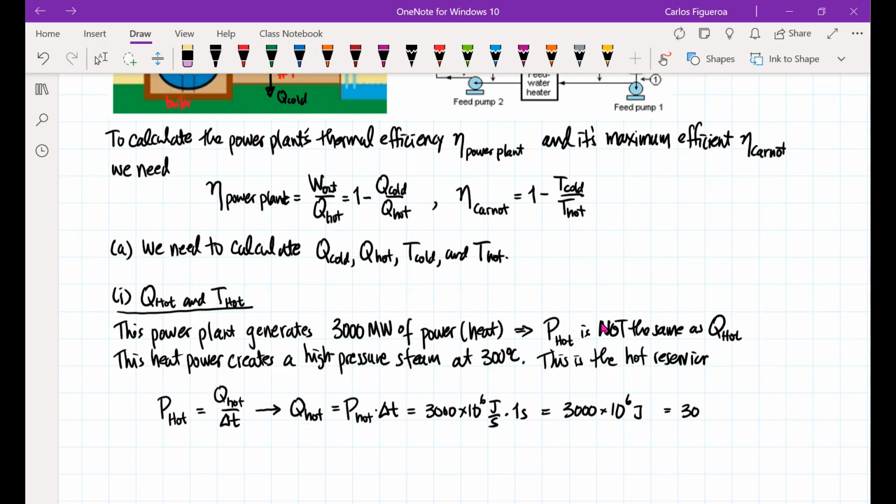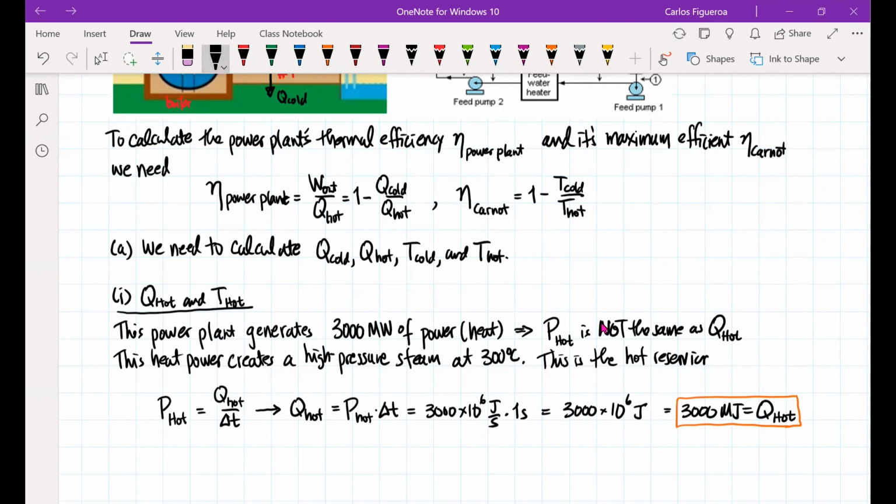It should just be joules. Or this could be 3,000 megajoules for Q hot. So now we know the energy transferred from the reservoir to the water here.